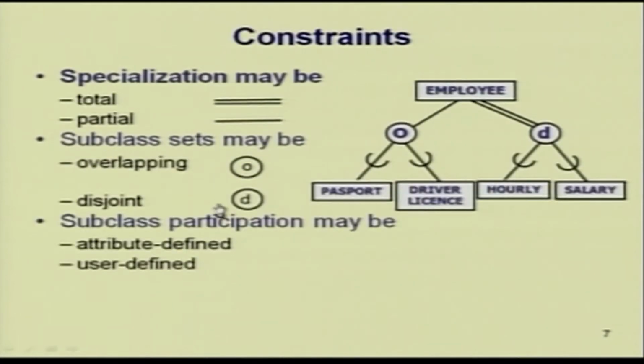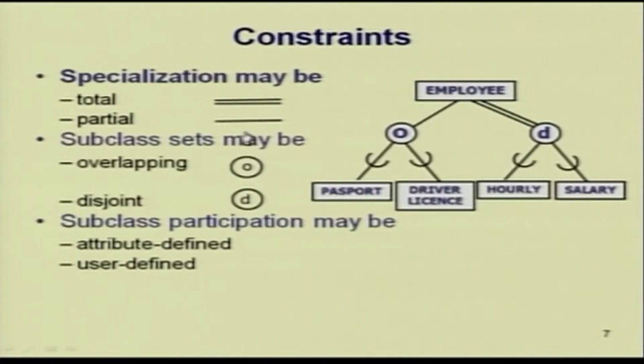Constraints also you can have, as specialization may be total or it can be partial, just like we saw beforehand for subclasses and superclasses. So, total and partial, and again subclasses may be overlapping or disjoint. This is very interesting, we will come to this. And subclass participation may be attribute defined or user defined.